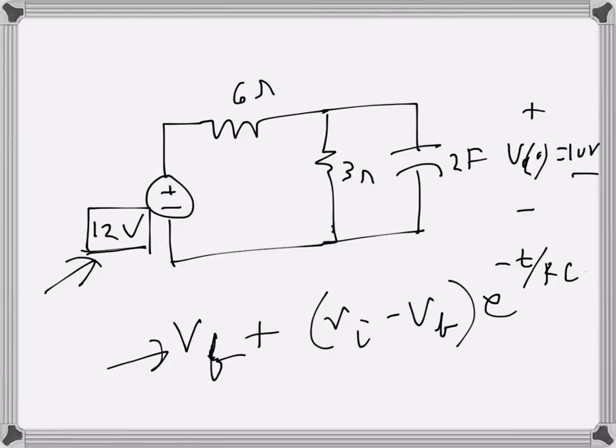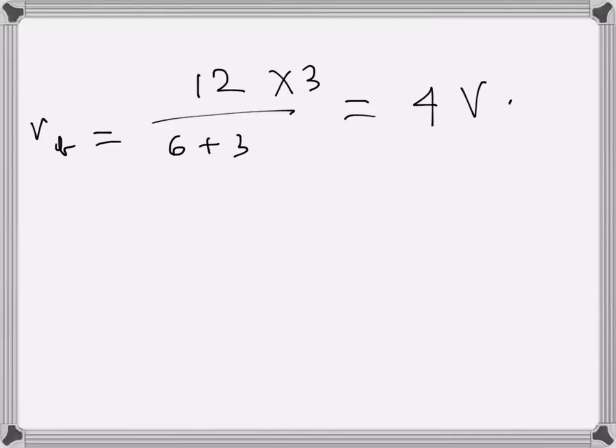So we will also have to find out what will be the voltage across the 3 ohms resistance if this connection is there. We can again apply voltage divider rule, 12 over 6 plus 3 times 3, and this will give us the final voltage across the capacitor. When the steady state arrives, that will be 4 volts. So Vf is 4 volts.